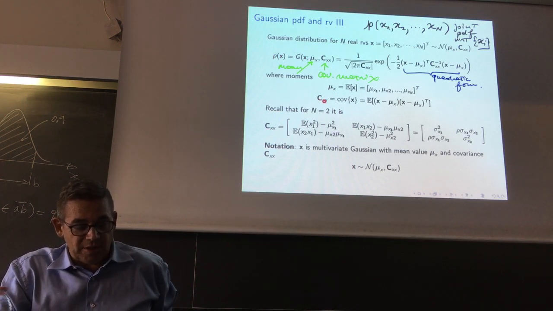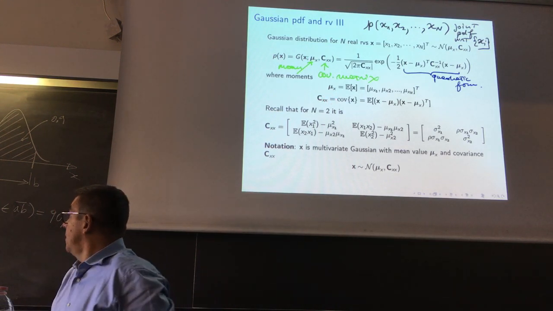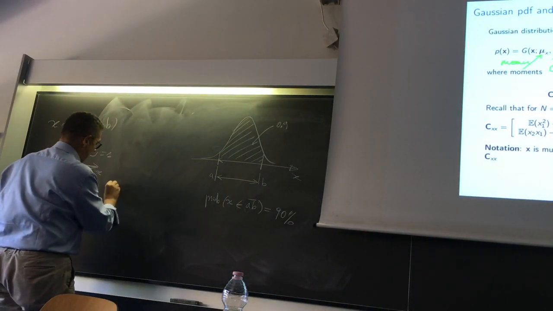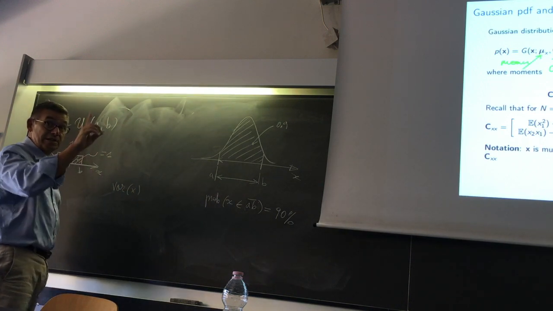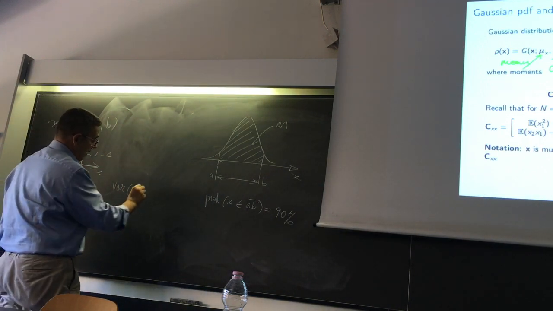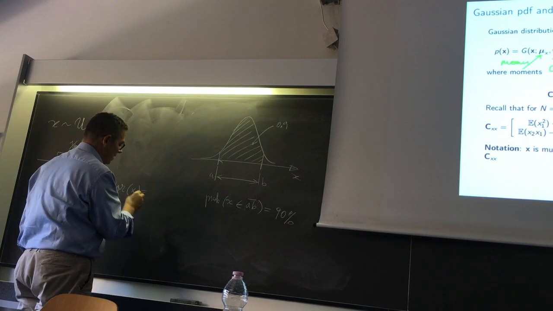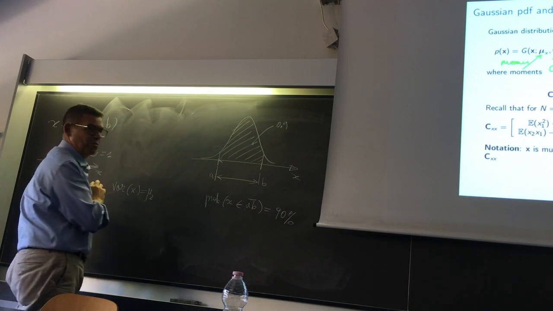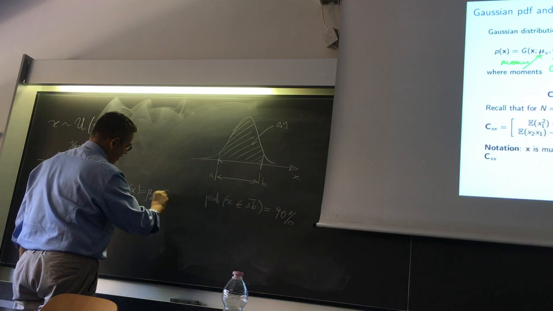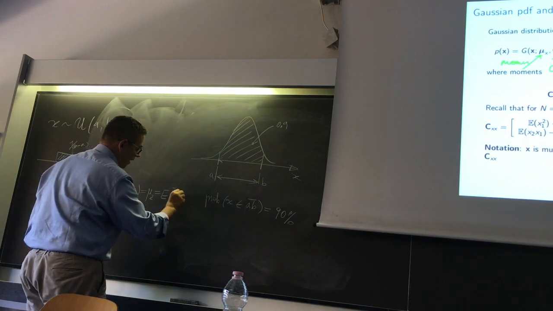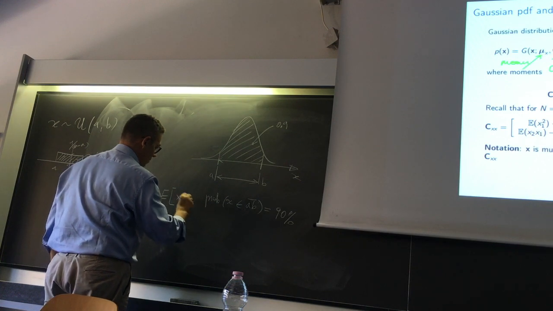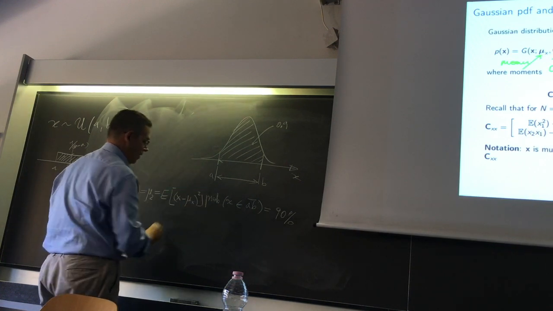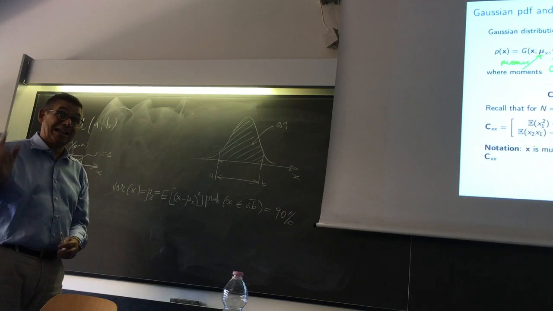Now Cxx, what is Cxx? Let me look at the variance. The variance of a variable x, if it is one variable, is the central moment of order 2, which is the expectation of x minus mu x, squared.